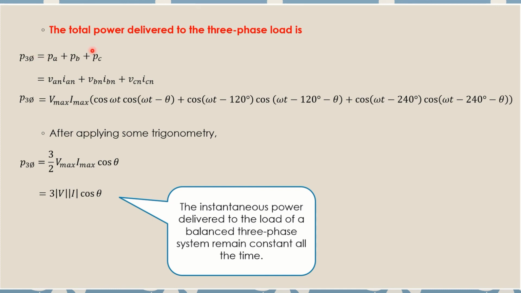For the total power delivered in the three-phase load, you have to understand that because we have three phases now, you have to calculate the power for each of phase A, phase B, and phase C. In order to calculate the power, remember the power formula, V times I. You derive that, and after you simplify this long equation, you will get the final equation: 3 times the magnitude of the voltage and the magnitude of the current times cos theta.